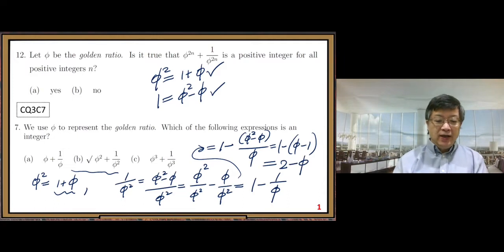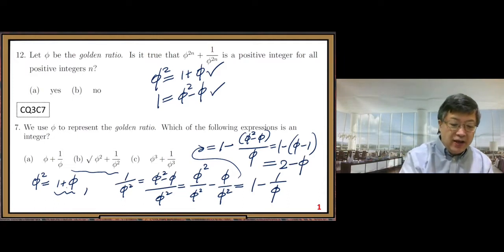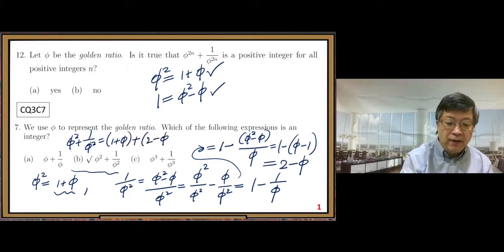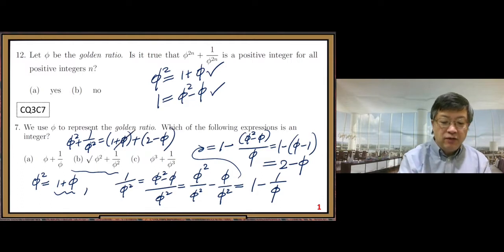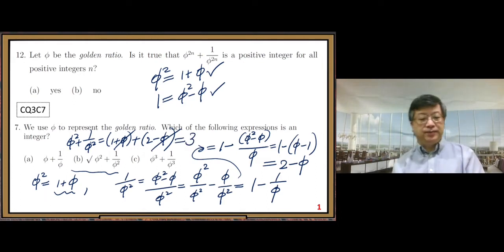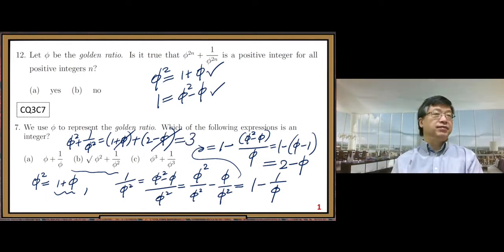So finally, phi squared plus 1 over phi squared, 1 plus phi, plus 2 minus phi, positive phi minus phi cancel out, 3. It is an integer. So we prove that.